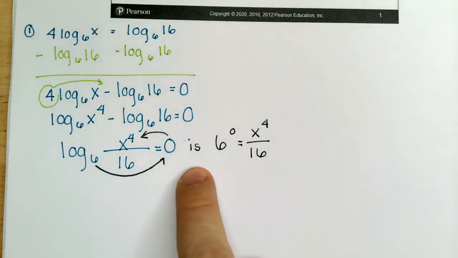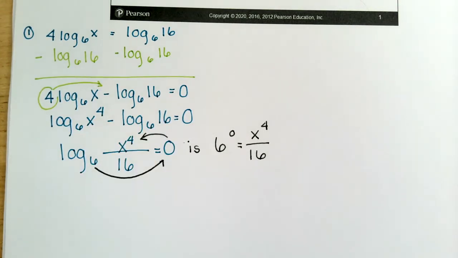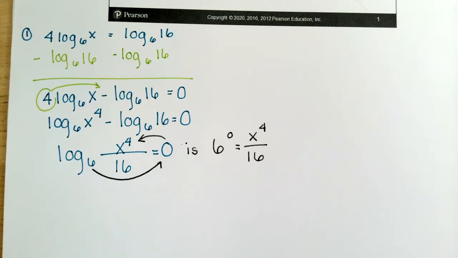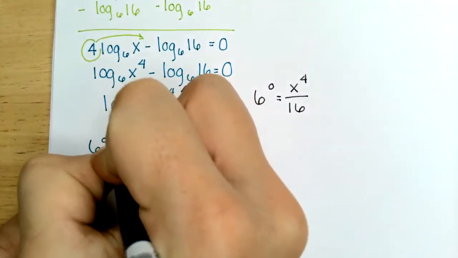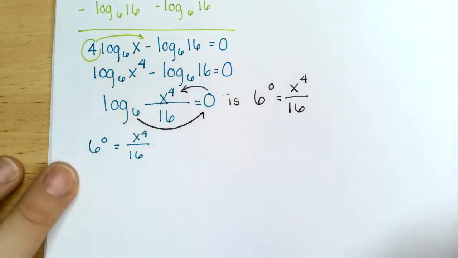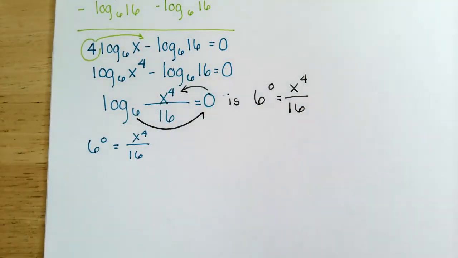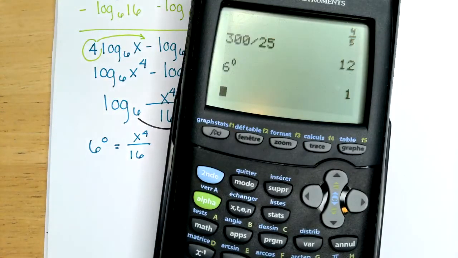And I just use the rule that says how to convert from the logarithmic form to the exponential form. Okay. So now I have 6 to the 0 power is x to the 4th over 16. Anything to the 0 power is 1, right? 6 to the power of 0 is 1.